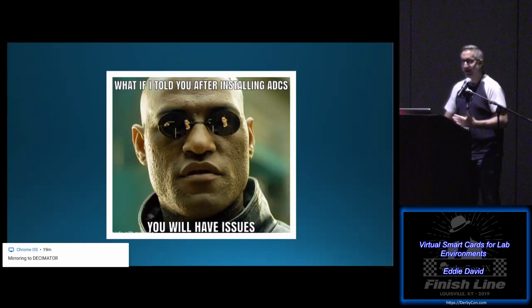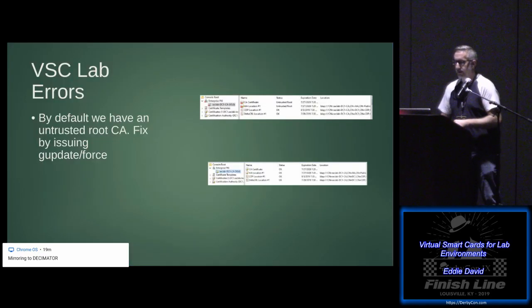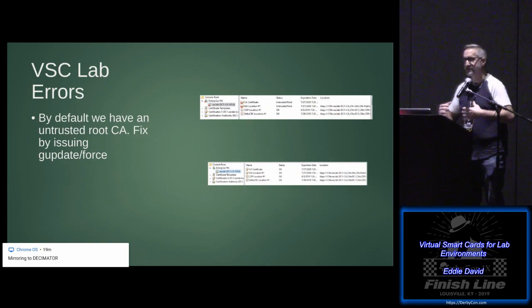So now that I got all that stuff, I'm going to tell you right now that ADCS is going to have issues, Microsoft. So whenever you open up that enterprise PKI, you're going to see some red X's, and you're going to think, what the hell is going on? So run a gpupdate /force, refresh it, it'll fix it.